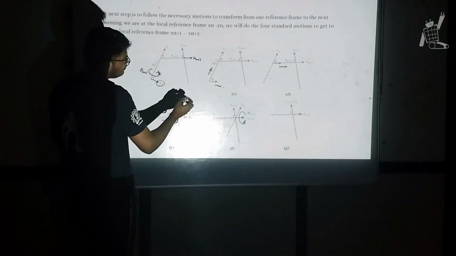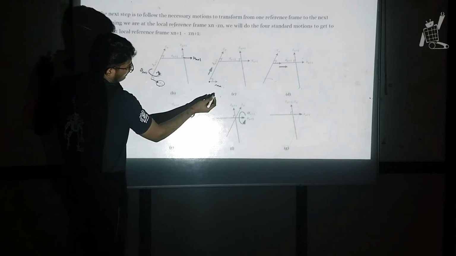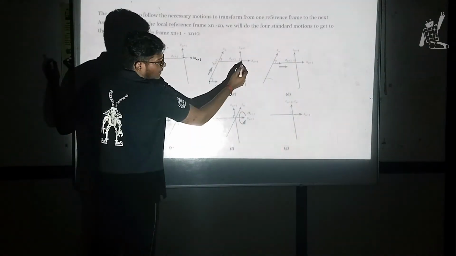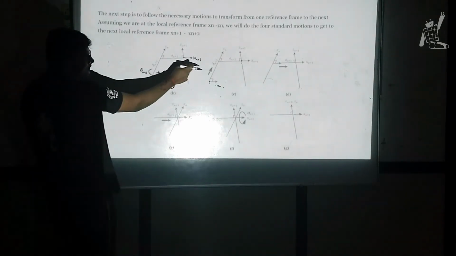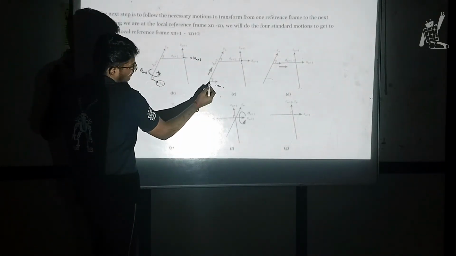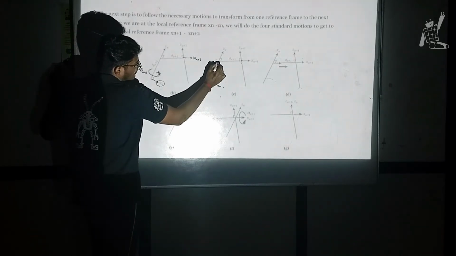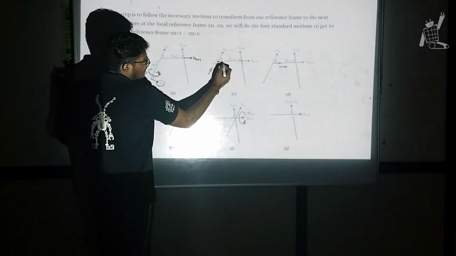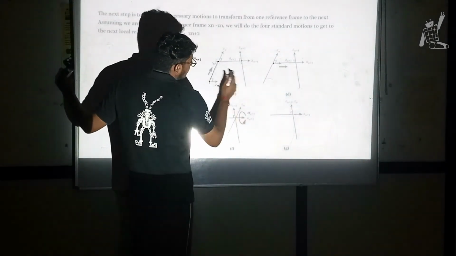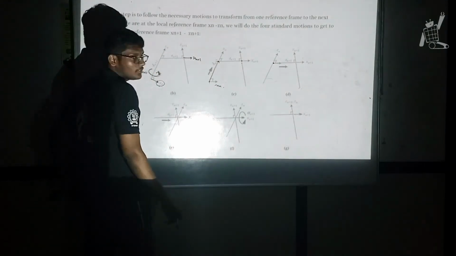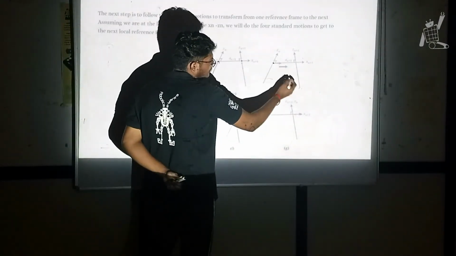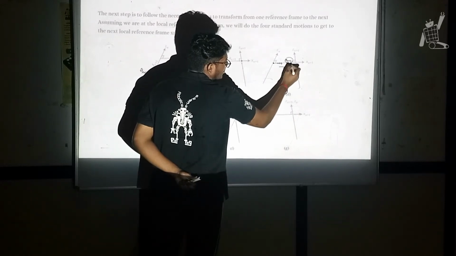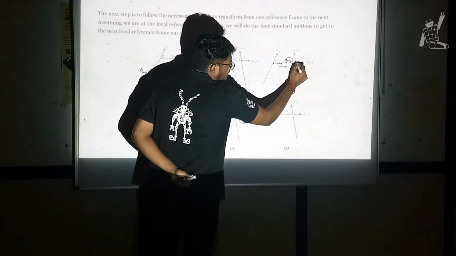Next, here is that point. Okay, here is the next point. So actually we are translating from here to there. First is aligning the x-axis parallel. Next is moving along the z-axis a distance dn plus 1 such that the point will come here. Now the point has come here. It moved a distance of dn plus 1. Next translation will be motion on the x-axis, an plus 1. Then the point will come here.